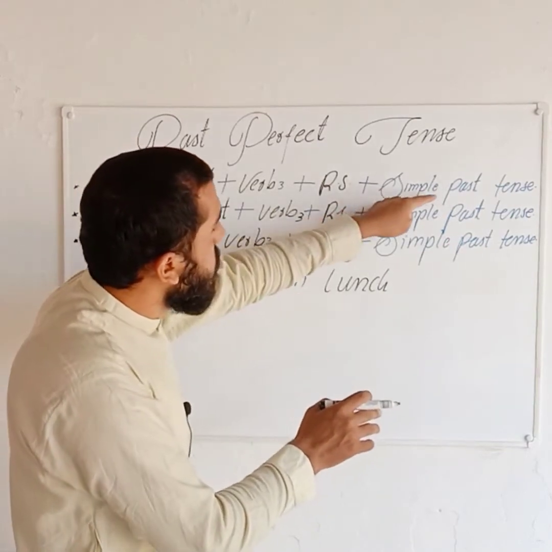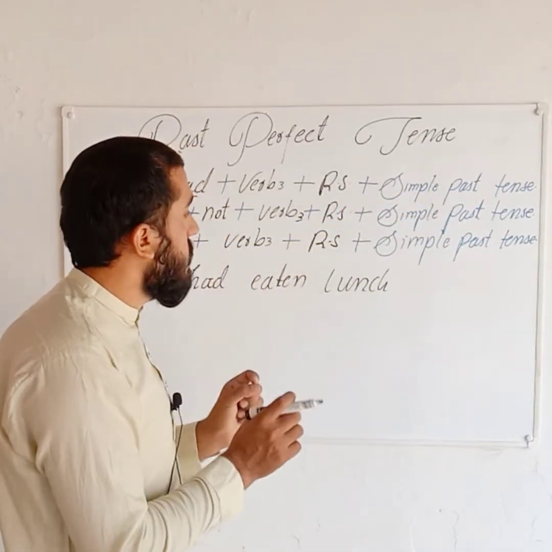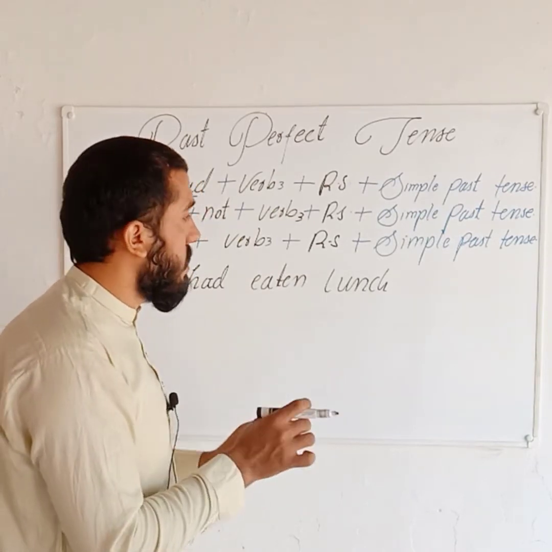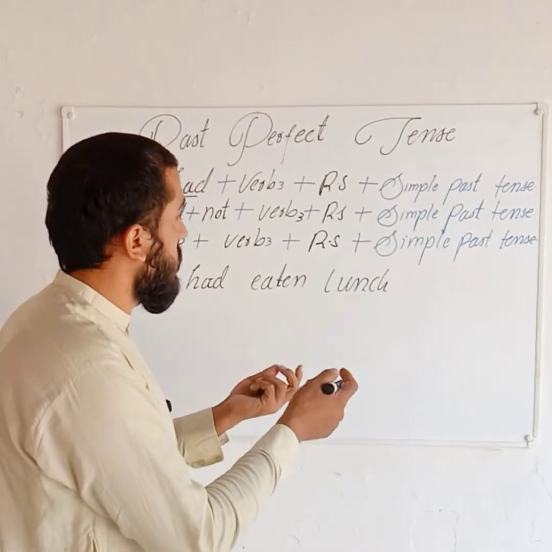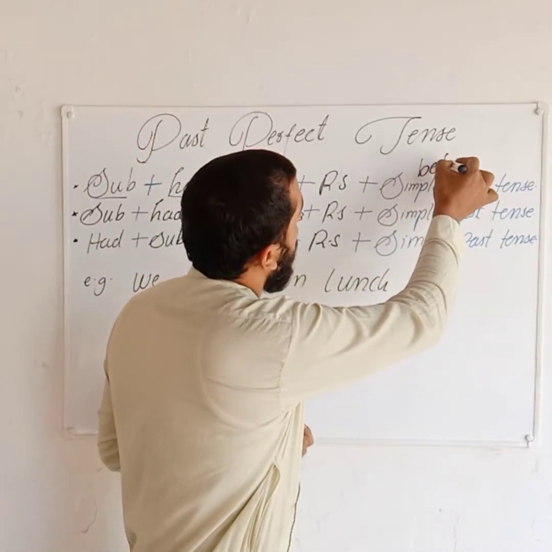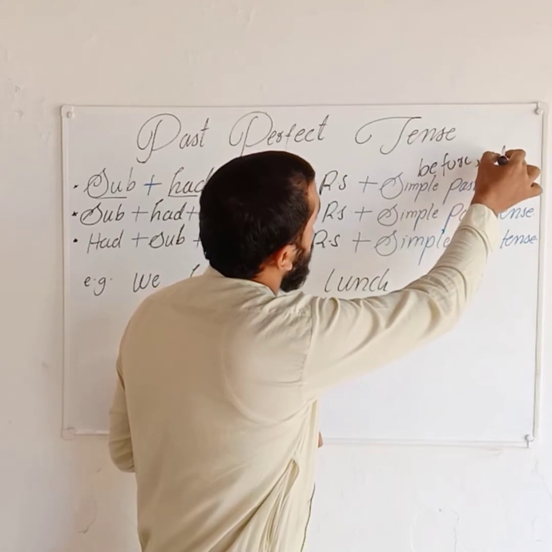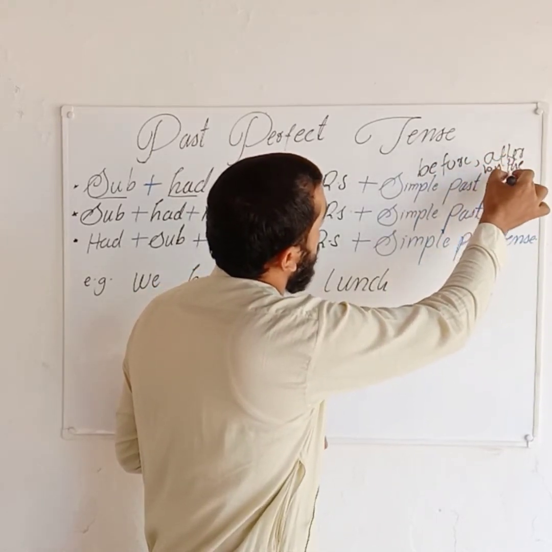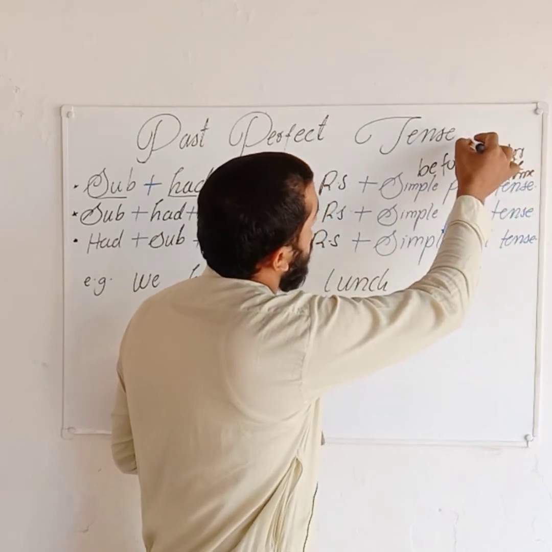After this one, we use simple past tense. But simple past tense always starts with subordinate conjunctions. Here we can use before, after, by the time, and when.